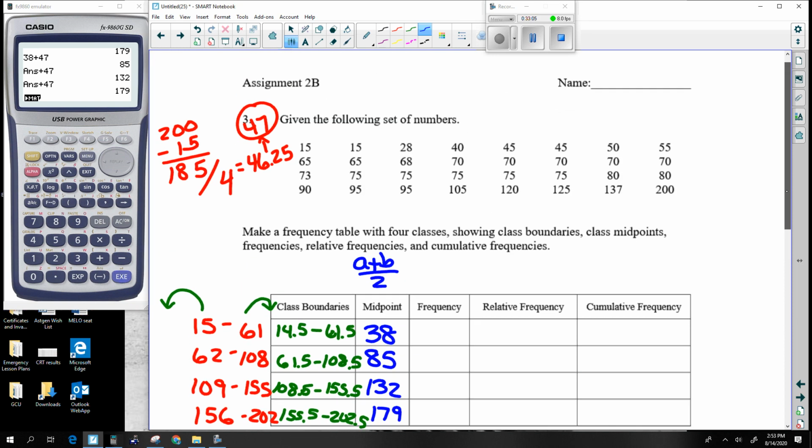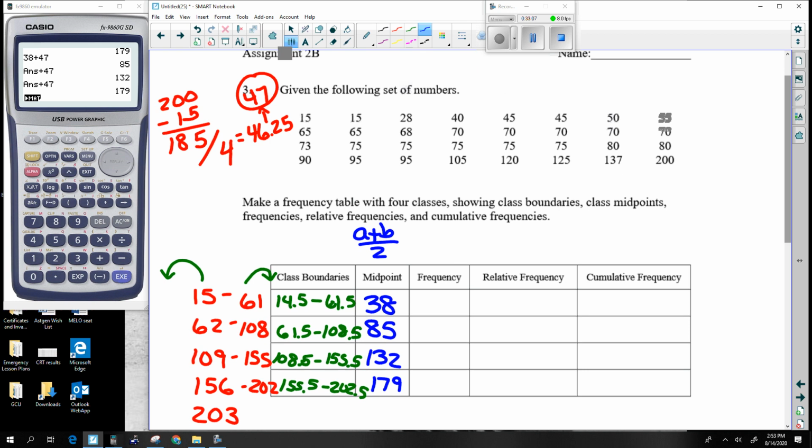Okay, frequency is the number of numbers in that category. So the first category goes from 15 to 61. That'd be 1, 2, 3, 4, 5, 6, 7, 8. 8. The next one is 62 to 108. 1, 2, 3, 4, 5, 6, 7, 8, 9, 10, 11, 12, 13, 14, 15, 16, 17, 18, 19, 20.